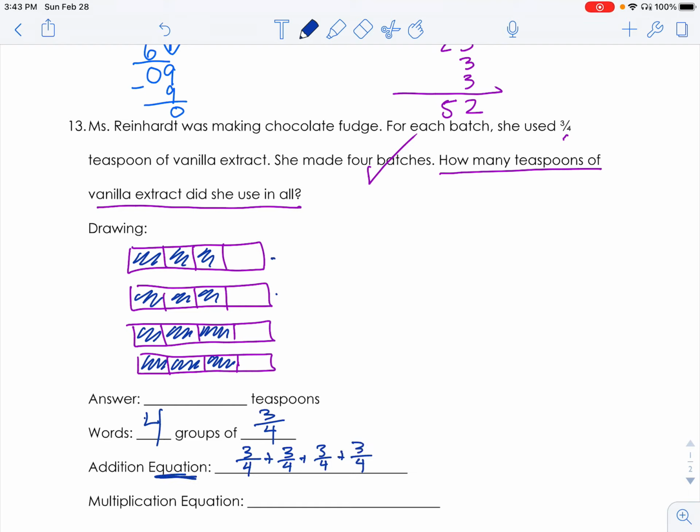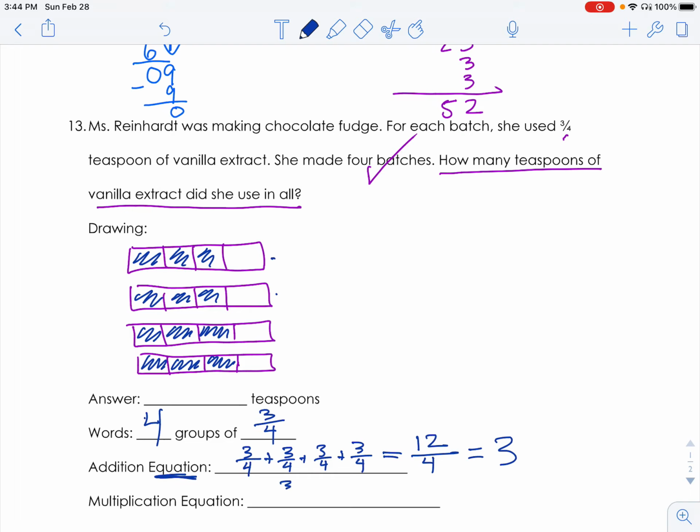And it wants an equation, so I know I need my equal sign. So I'm going to get 12/4, but I'm not going to leave it like that because this just says 12 divided by 4, which I know my basic facts. That's 3. Okay. We could also show this with multiplication.